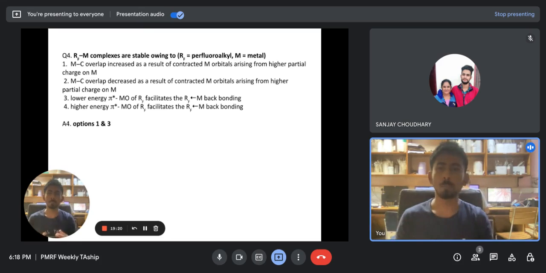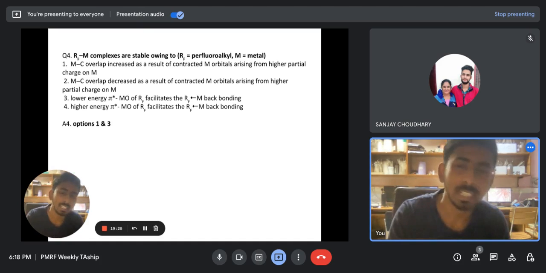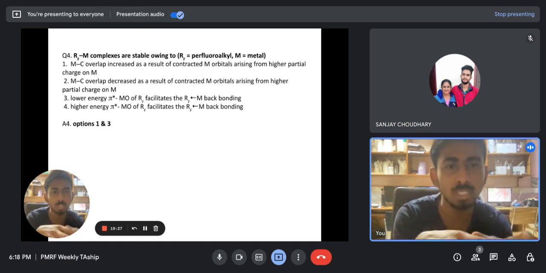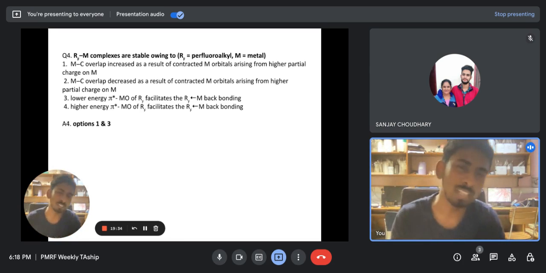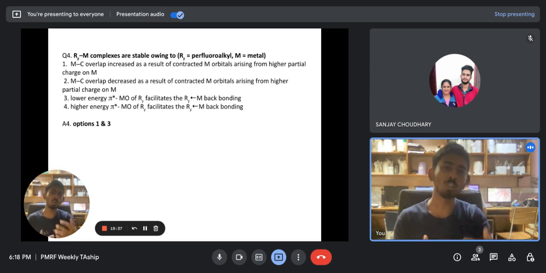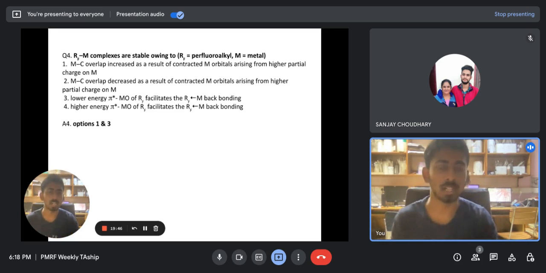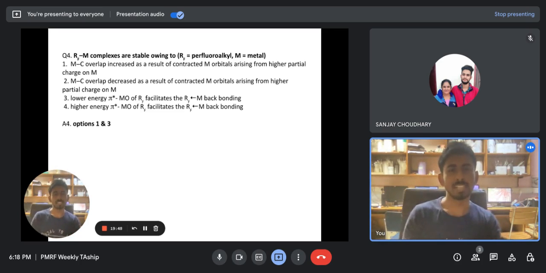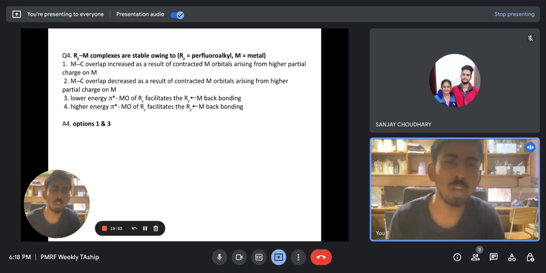That's why the metal orbitals have a higher partial charge on the metal. The effective electronegativity of the metal orbital also increases, because the effective nuclear charge, by Slater's rule, the Z star or Z effective, is quite high in case of metal orbitals when bonded to perfluoroalkyl groups.